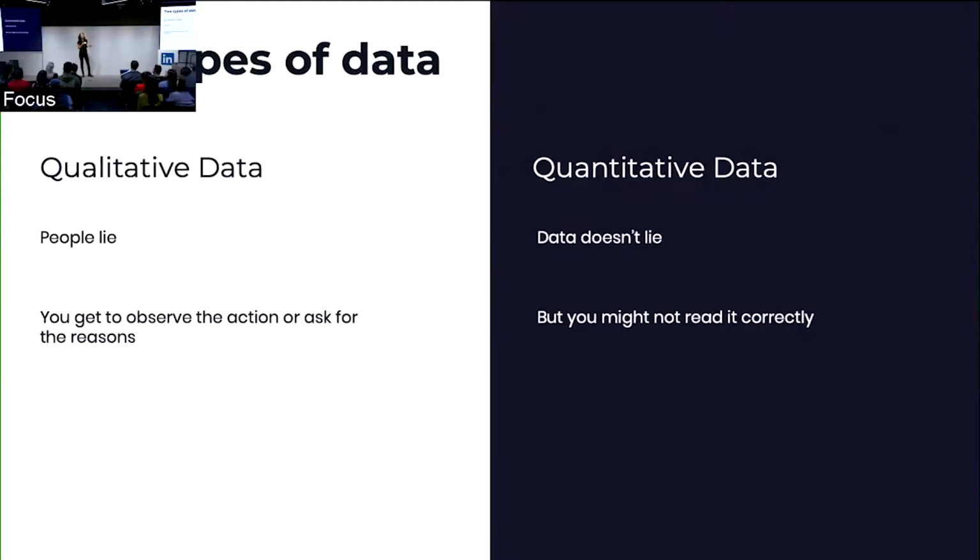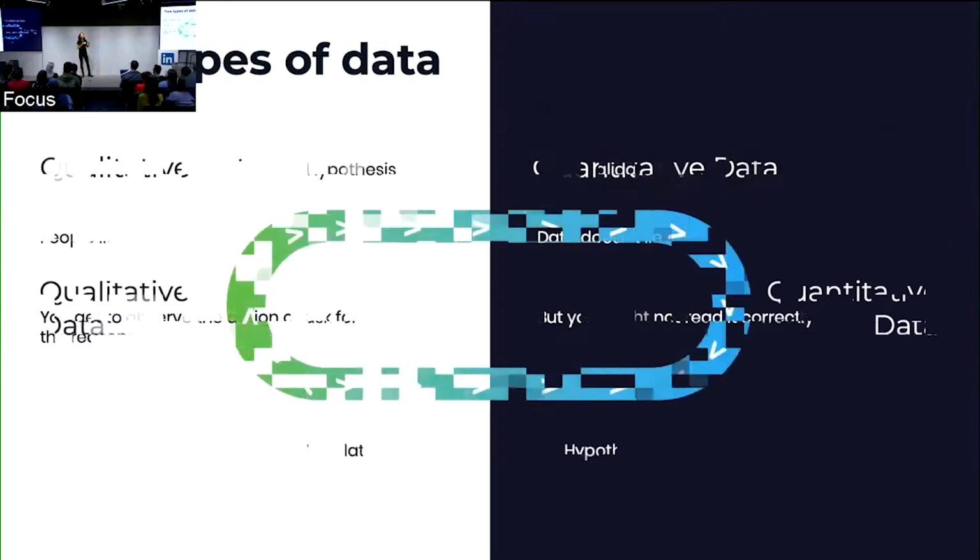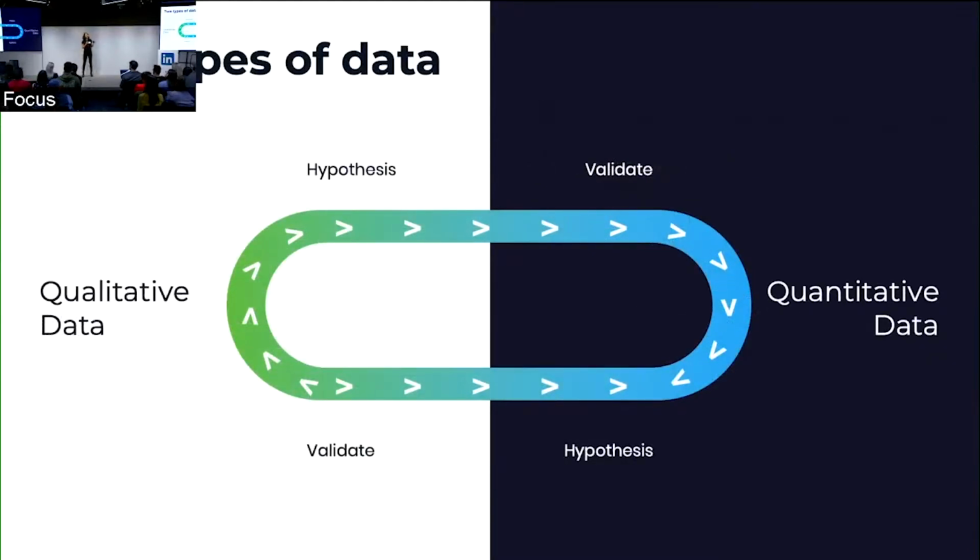It's a fascinating story of why you shouldn't just be using either/or. Qualitative data and quantitative data should always be used hand in hand at the same time. You form hypotheses either from your research or from data, and it's very necessary to validate them from the other side as well.